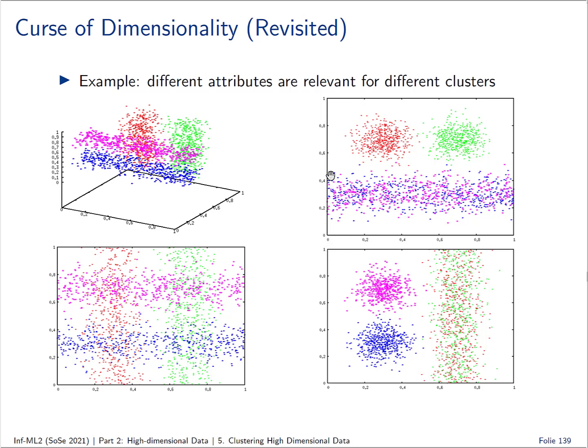And the same holds true if we project that on this thing here. Well, we can at least distinguish between red-green and this one here, but we cannot distinguish between red and green anymore. Yeah, so we need exactly this projection here to find red and green, and we need exactly this projection here to find purple and blue, and nothing else actually. More or less nothing else.